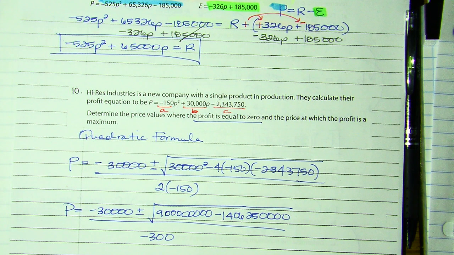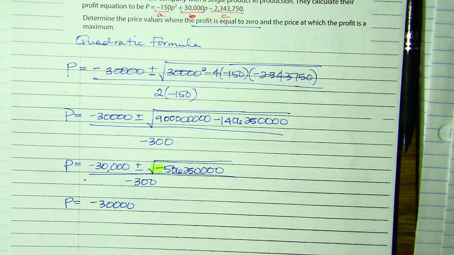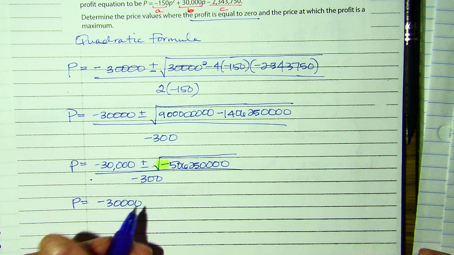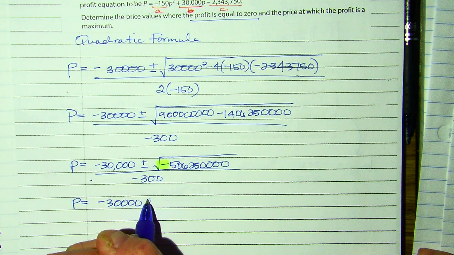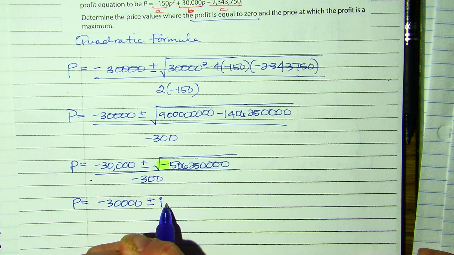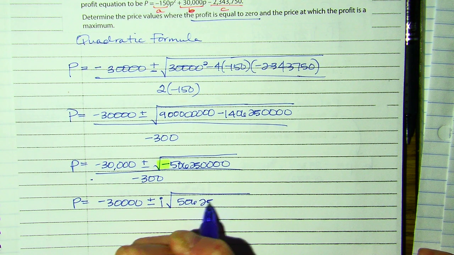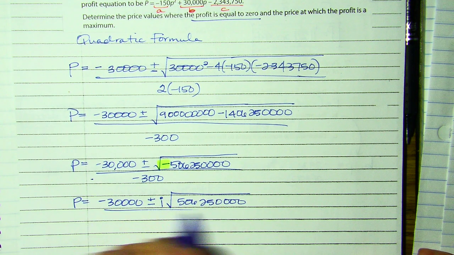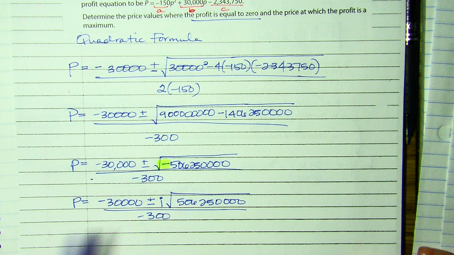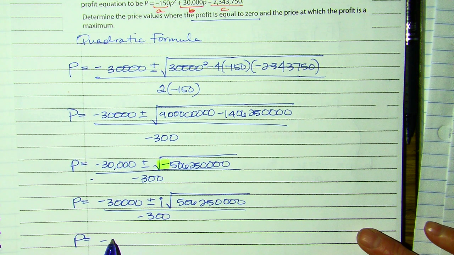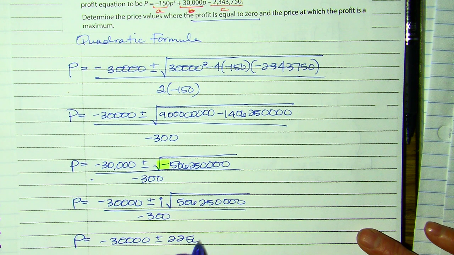So what you do, because this is, you can't see, a negative number, and there I should have taken negative 150 out, my bad, plus or minus i, then I can take the square root of 5,250,000. And so I get plus or minus 22,500i over 300.